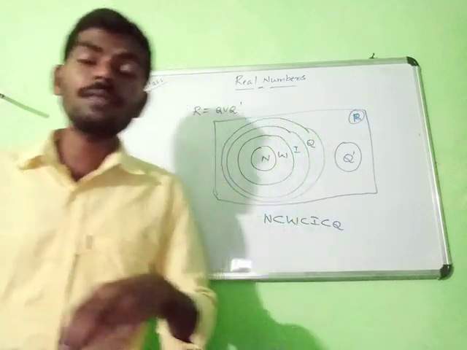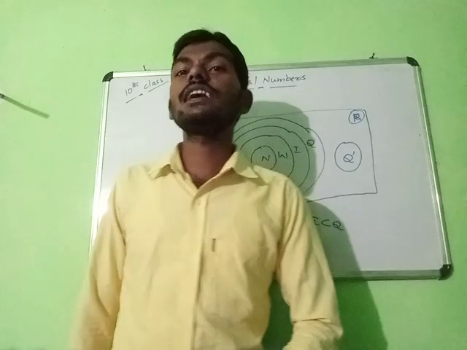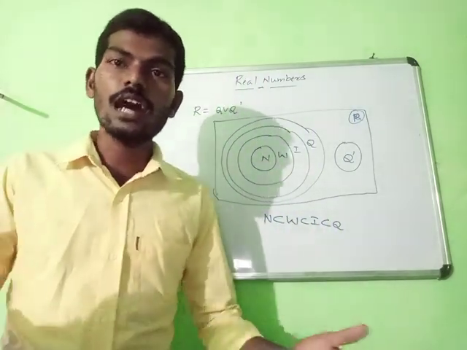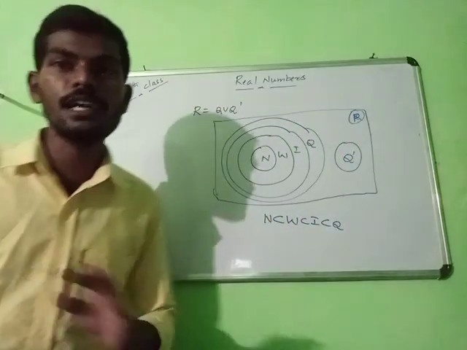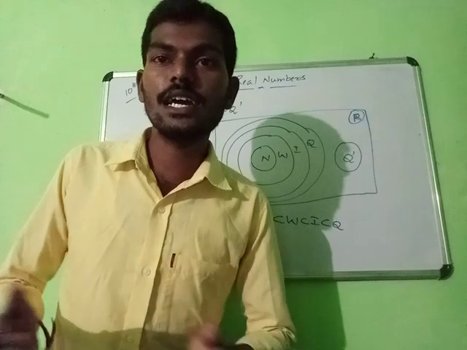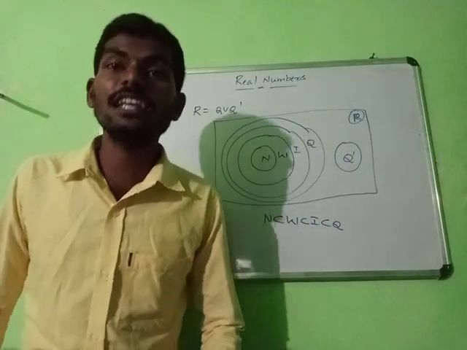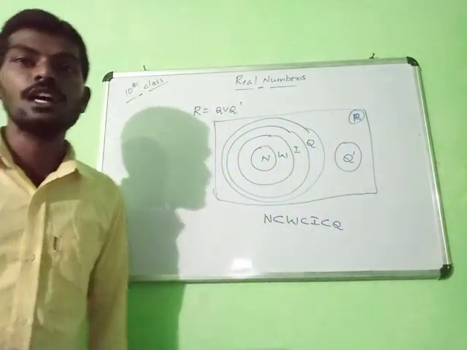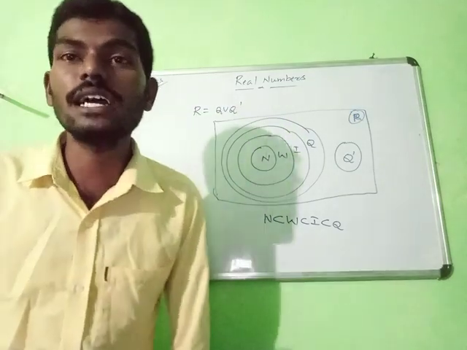Here, one of the most important concepts is about real numbers being rational or irrational. Every rational number is always a real number. Every irrational number is also always a real number.